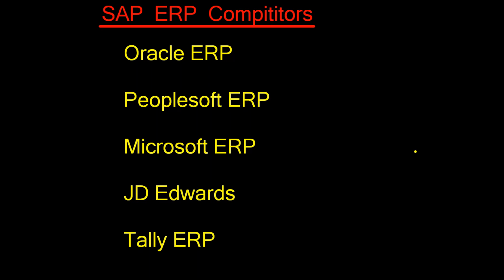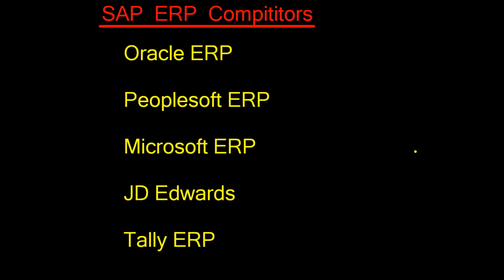Just now we discussed SAP ERP is the number one in the market, with 72%. I think that was 2 years back; now we are in 2026, maybe 70 to 80% of the market is occupied by SAP ERP.